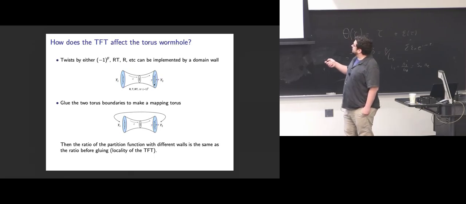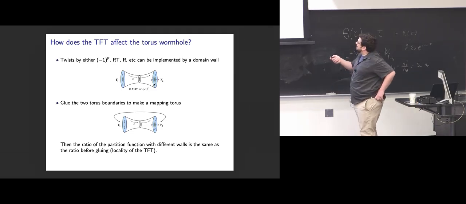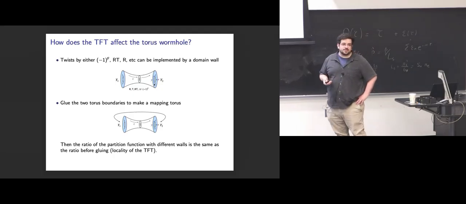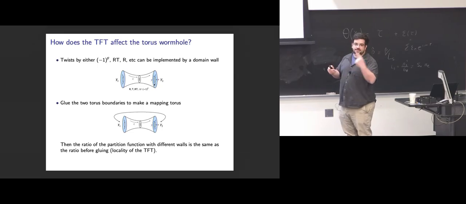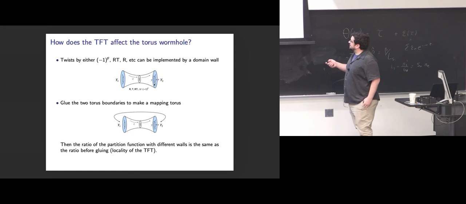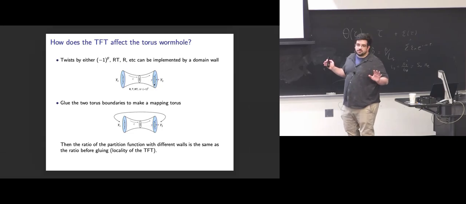So now you want to compute how the partition function depends on the presence or absence of these domain walls. To do that, you glue the two boundaries. Again, the point is to make a closed surface. You glue the two boundaries, and now you have a mapping torus, where as you go around the circle direction, you act with this symmetry transformation. And the ratio of the partition functions with different walls is the same as the ratio of the TFTs before you do the gluing.